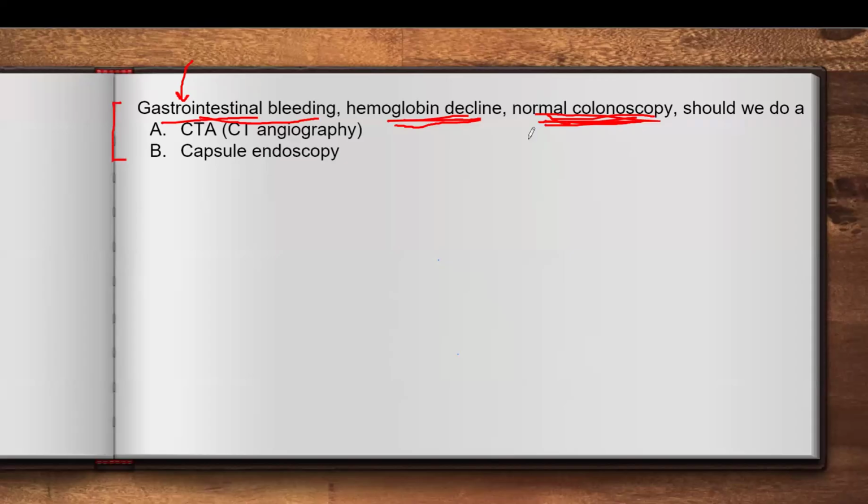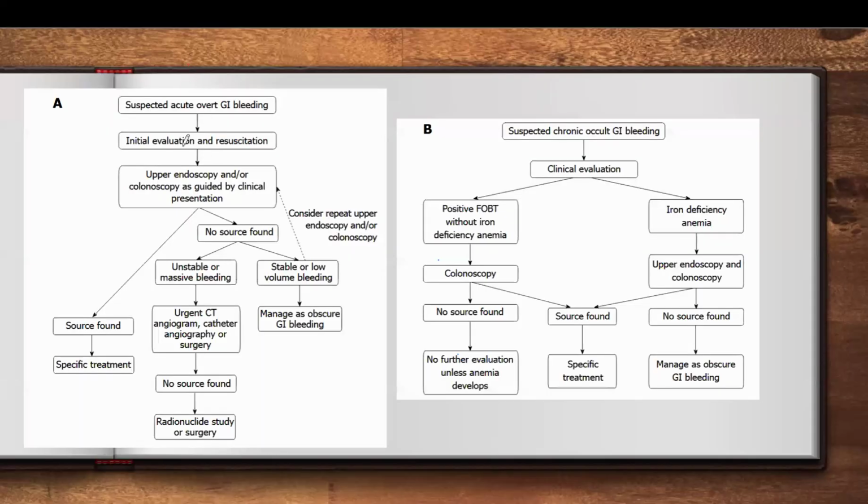For obscure bleeding, there are some guidelines. Now you have a clear concept of these three words, so let's follow the guidelines. First of all, you are suspecting an acute overt GI bleed. Overt means visible. So, for example, the patient presented with hematemesis. We will resuscitate the patient and then do upper endoscopy or colonoscopy, depending upon the case.